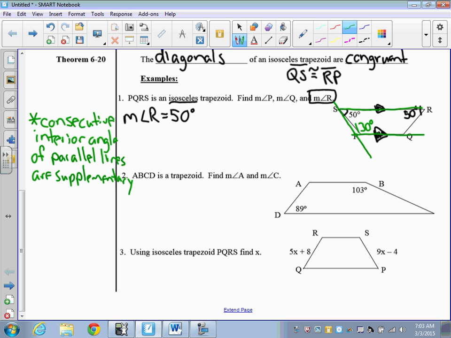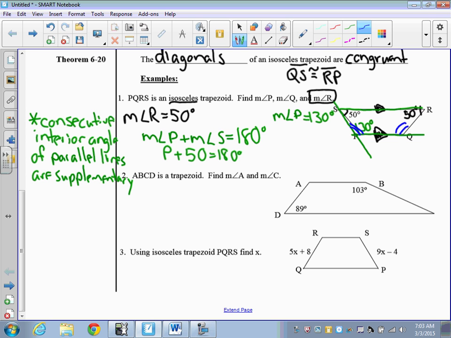So that's where I'm getting that P needs to be 130. Because the measure of angle P plus the measure of angle S needs to be 180. So I would have something like P plus 50 equals 180. So the measure of angle P is 130. Again, P and Q are base angles, so that means the measure of angle Q has to be equal to 130 degrees.